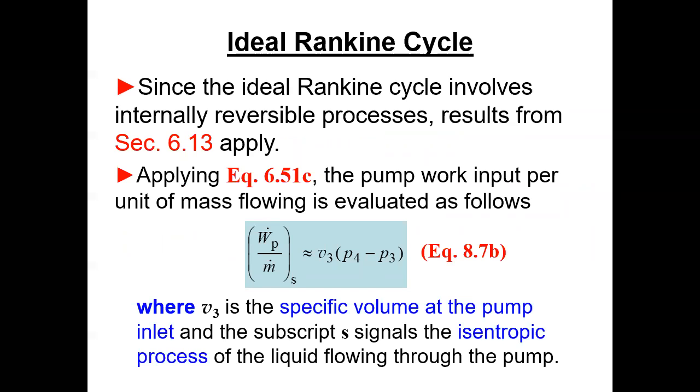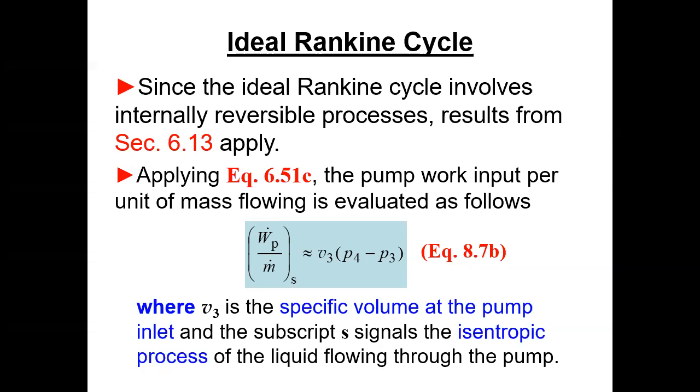This is what I call the pump trick, okay? You need to remember this, because on every one of these Rankine cycle problems, you're going to use this. So this is isentropic work, that's the isentropic power per unit mass: specific volume into the pump times the delta P. You need to make sure you can handle the units, because you've got some unit conversions going on here, and we've talked about that before.